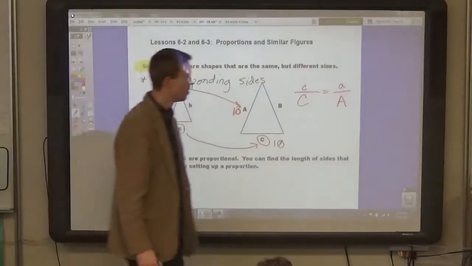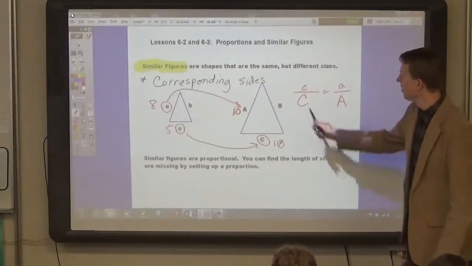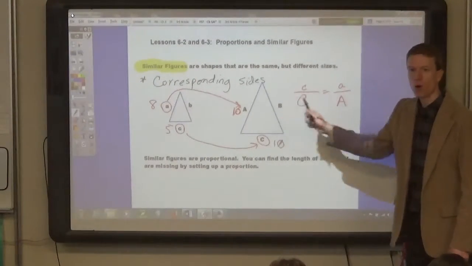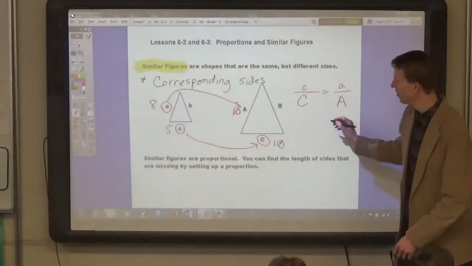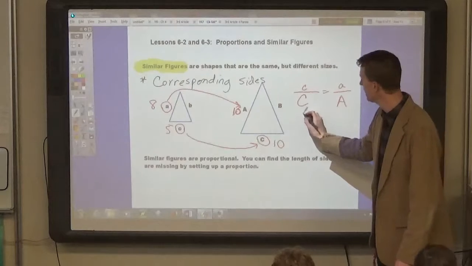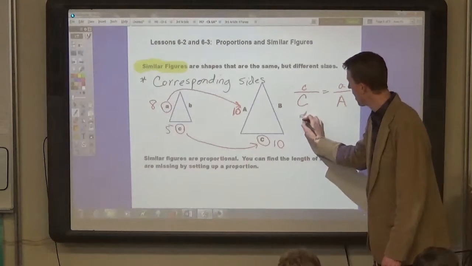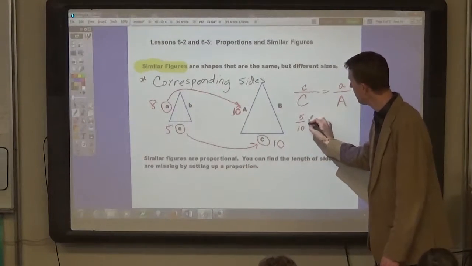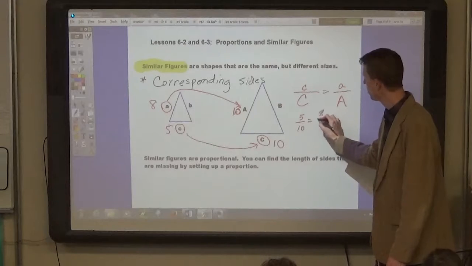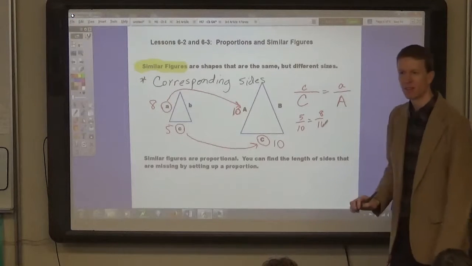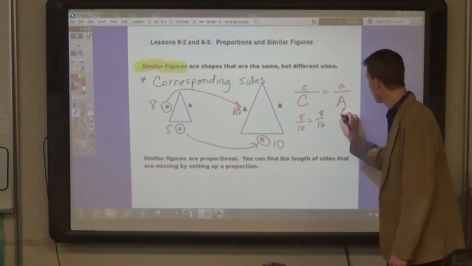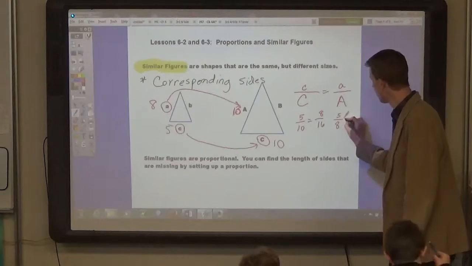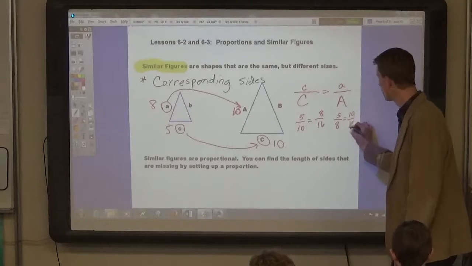Now, when you have similar figures with corresponding sides, you can write different ratios that work. So, for example, you could write 5 over 10 equals 8 over 16. Or you could write 5 over 8 equals 10 over 16.